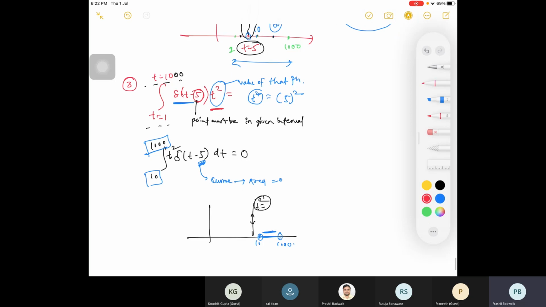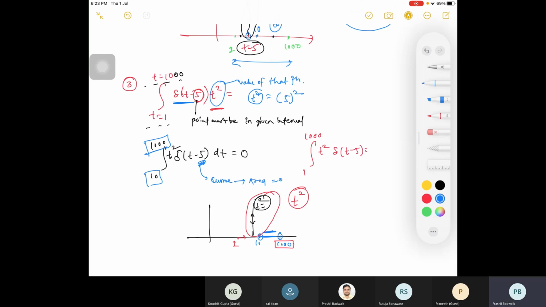But suppose I'm integrating it from 1 to 1000. When you walk from this point to this 1000, you will have a curve, right? The direct delta function, and its value is with this function t square. So you will have the integral from 1 to 1000 of t square del of t minus 5.